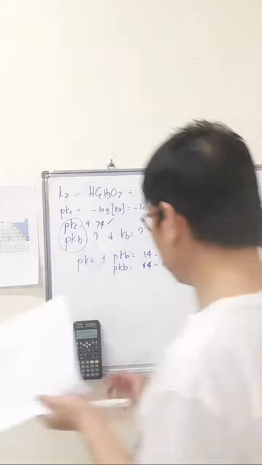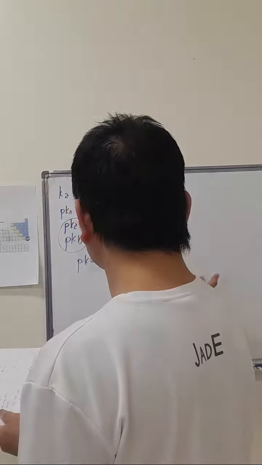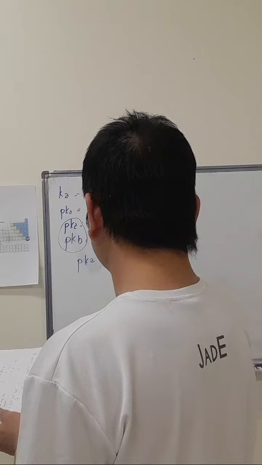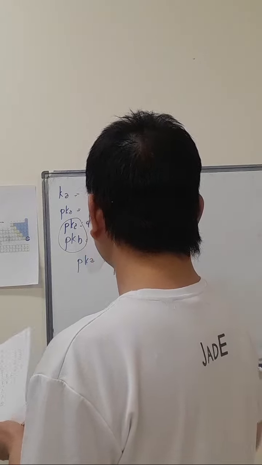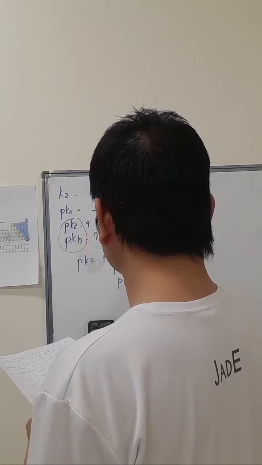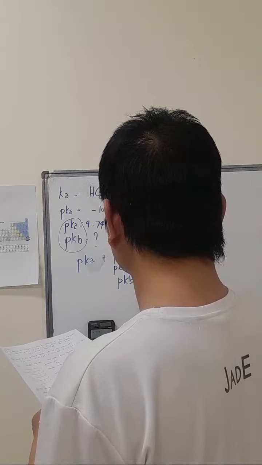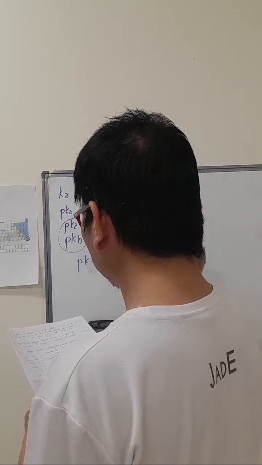You cannot take calculus without taking algebra first. So 14 minus 4.74 is equal to 9.26, our pKb. So we have the pKa correct and pKb correct.